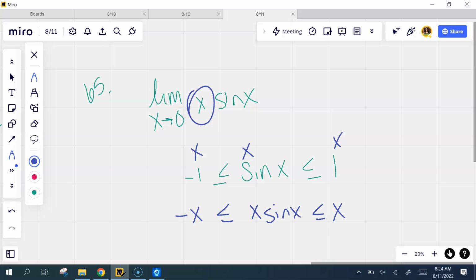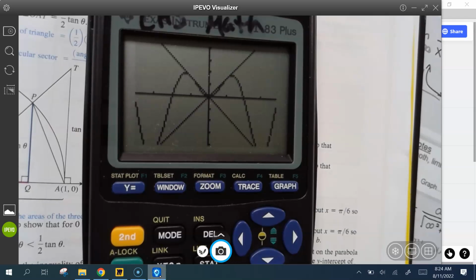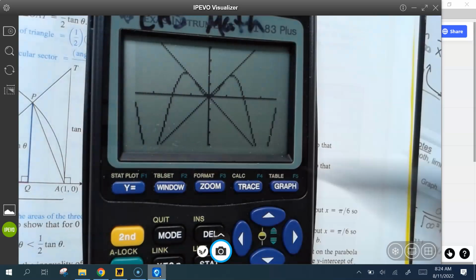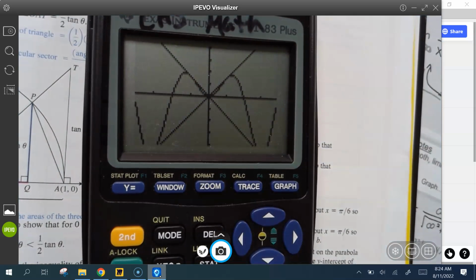Meaning if I graph both of those, that function should lie between those two values. Well, they cross, but I can't see. There you go. Always between them. You see that? It's always between somewhere. I think that's so cool. That's like that other one we did.